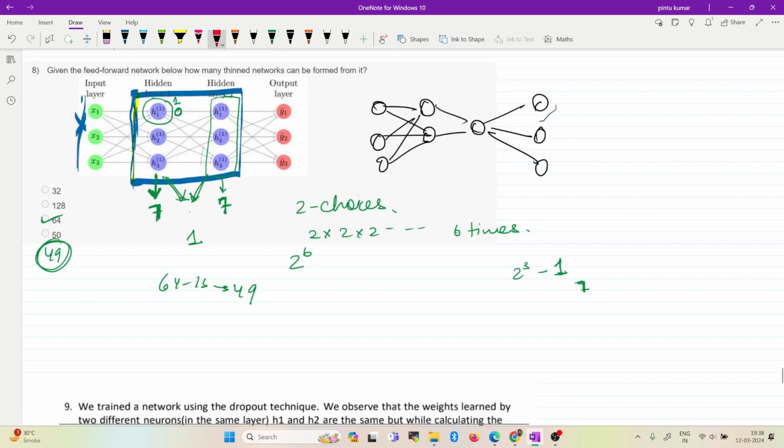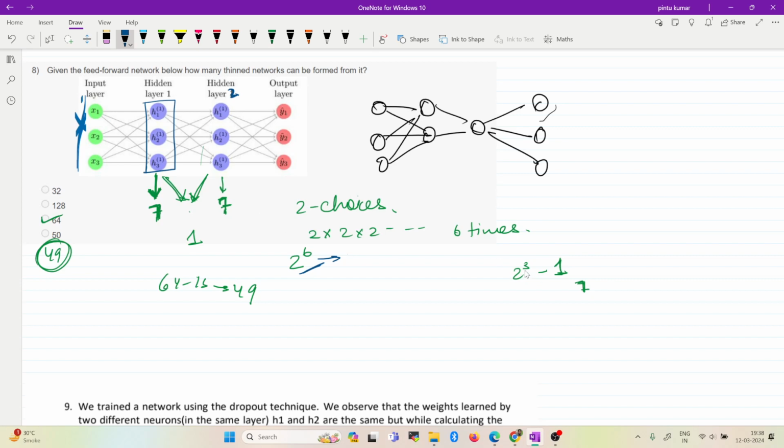What I'm thinking is, let's say I drop all the nodes in hidden layer 1. What is the number of combinations I can have in hidden layer 2, so that I am not dropping all the nodes? We have counted all those combinations in this 2 to the power 6, right?